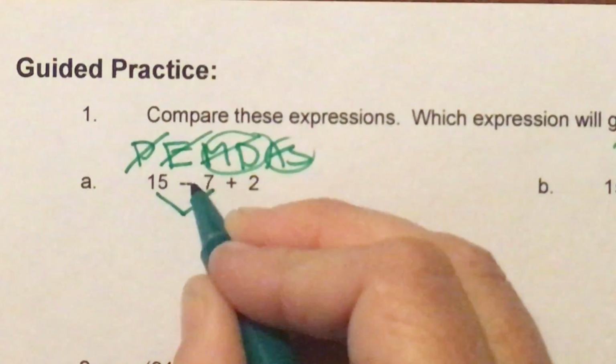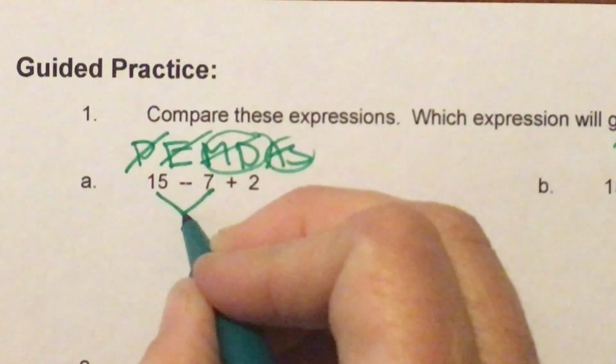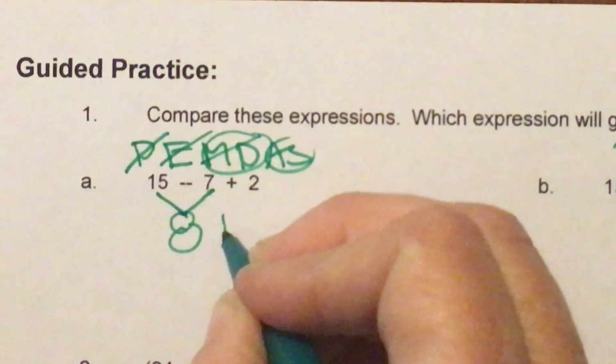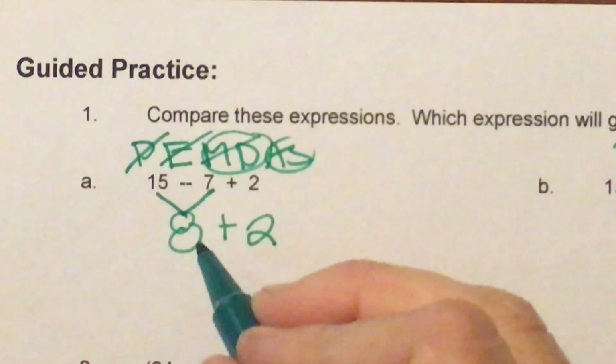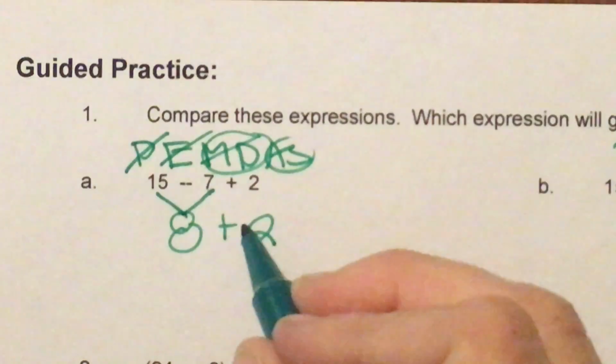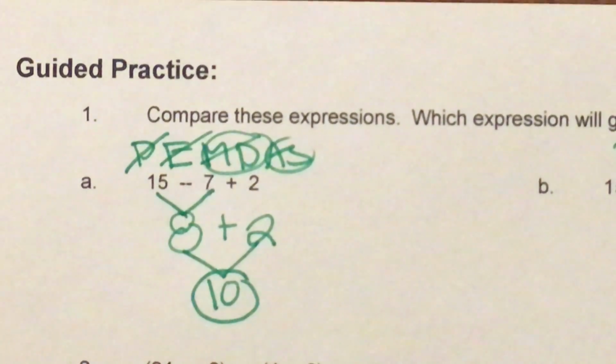So I would just say 15 minus 7, that one's a little tricky, is 8. And then I rewrite everything. Okay, 8 plus 2 is 10. Okay, that's what that one gave me.